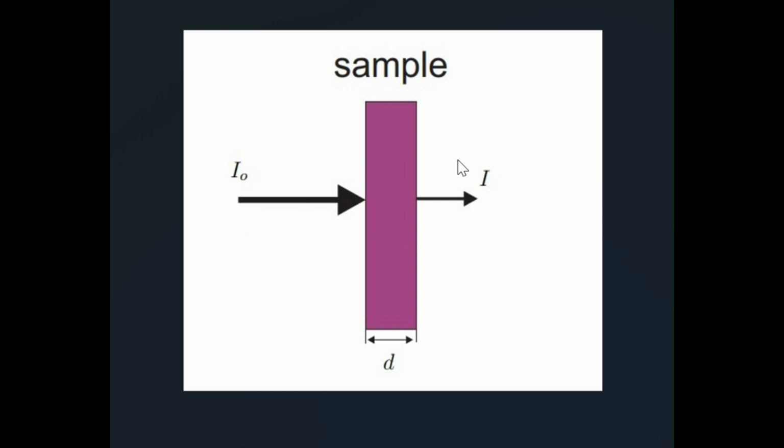When we talk about transmission or transmittance, which is the property we use, transmittance is the ratio of I divided by I naught, or I divided by I0. What does it mean? The transmitted intensity divided by the incident intensity gives us the transmittance.